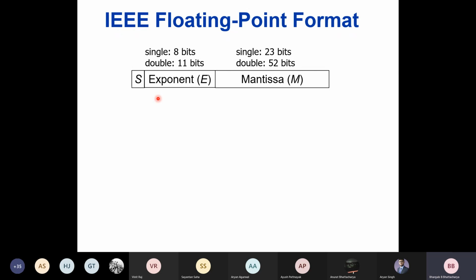In decimal. So what is the role of the exponent and what is the role of the mantissa in representing a number? Exponent signifies what and mantissa signifies what?